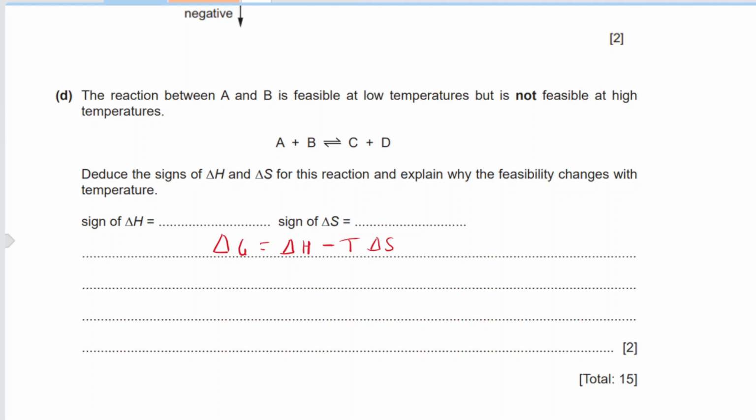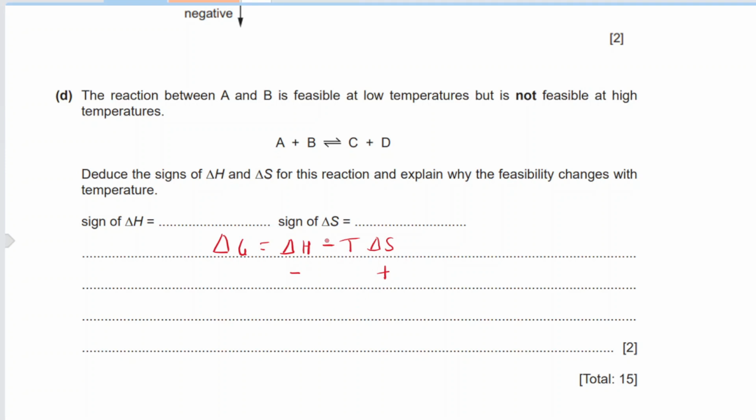Now here we have no other option but to just assume some values, just trial and error, like just try and see if it works or it doesn't work. Now let's say that we take delta H as negative in our first scenario, and we take delta S as positive. When we do that, what will be our delta G? This is a positive value and you're multiplying it with a negative value.